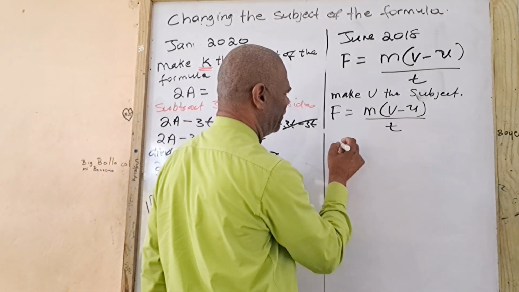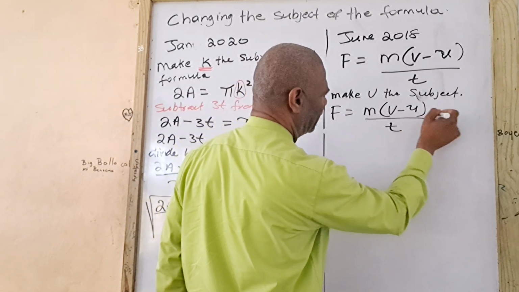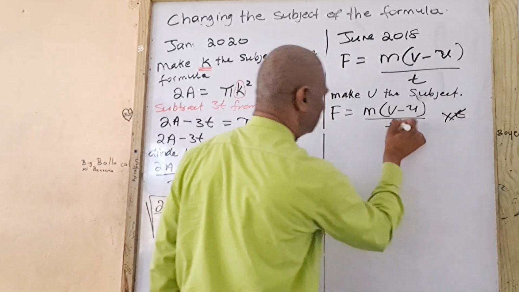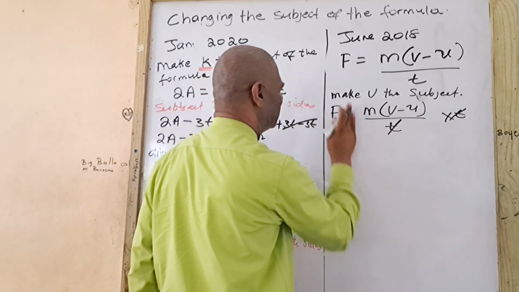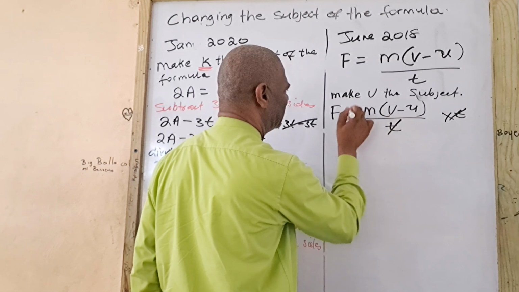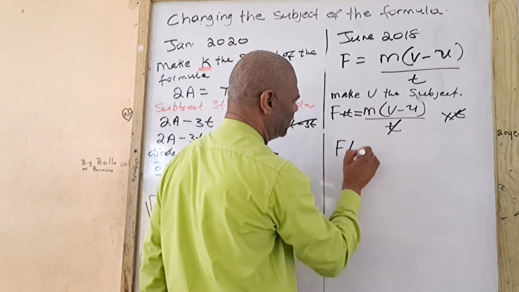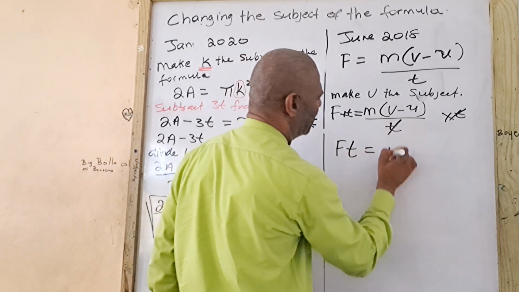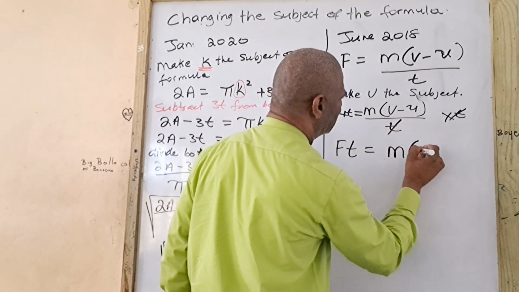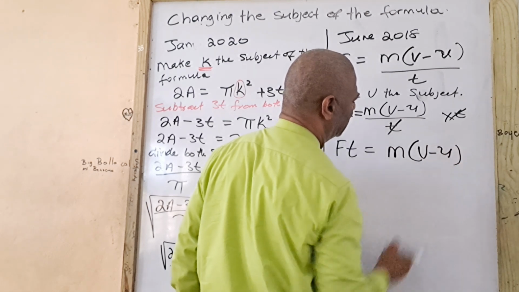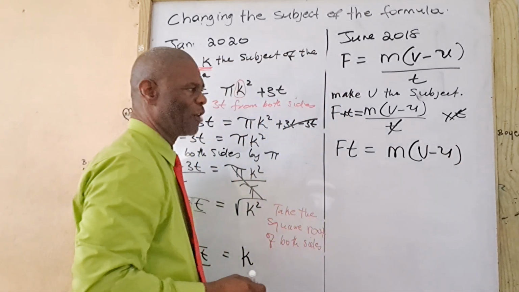And so we multiply this side by t, the t is cancelled. This side by t. We have now f t equals n times v minus u. Right? Now let's get rid of what now?